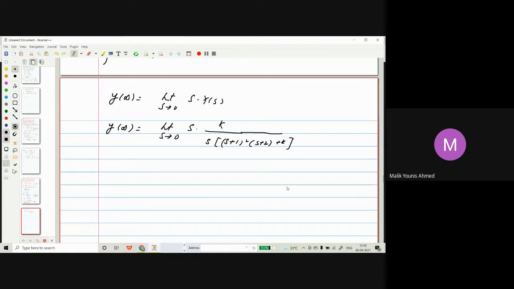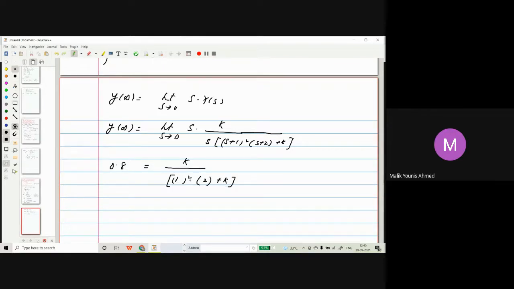Okay, s and s will get cancelled. So y of infinity, we can put the value as 0.8. So this value s and s gets cancelled. K value will be, this will be 1 square. Okay, that will be 0 plus 1 plus k.